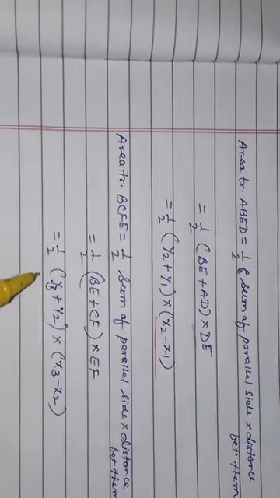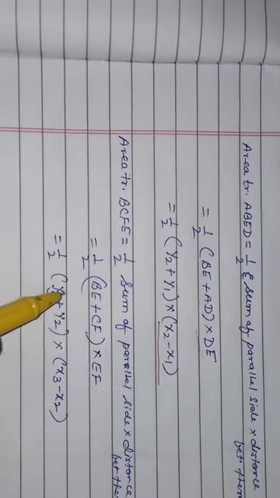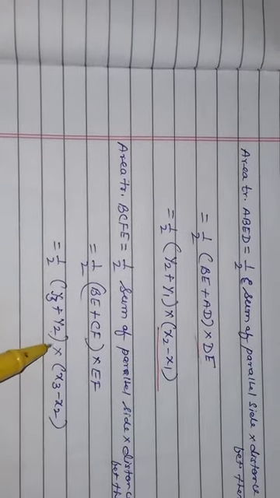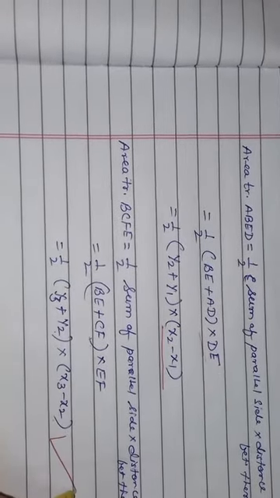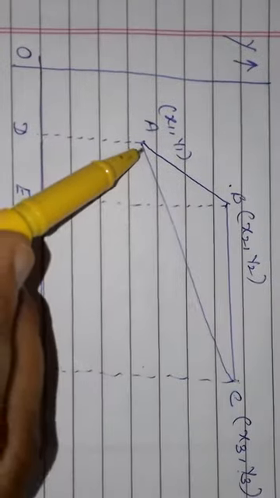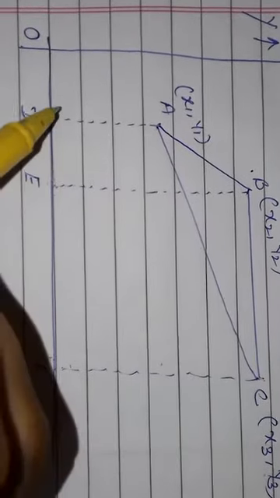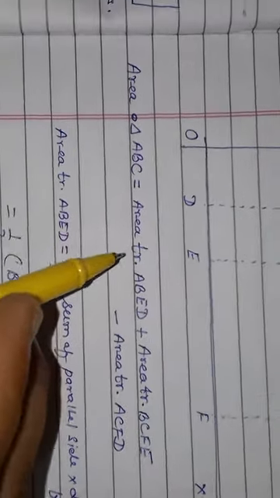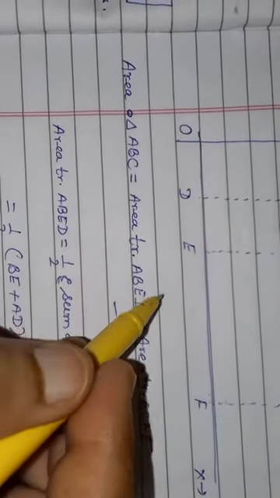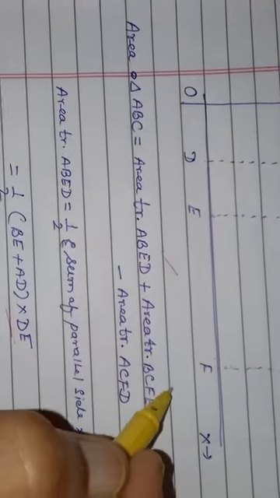That is half, BE plus CF is y3 plus y2, into EF is x3 minus x2. Now let us find out area ACFD, because we have calculated area ABED and area BCFE.